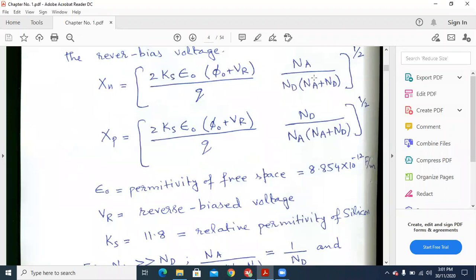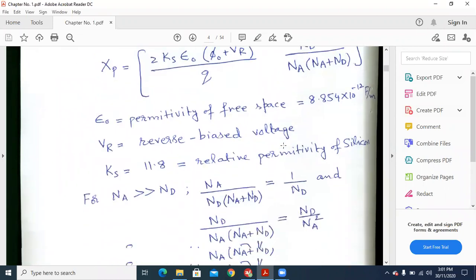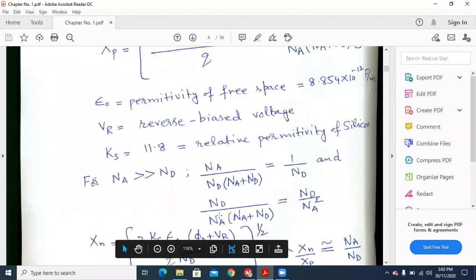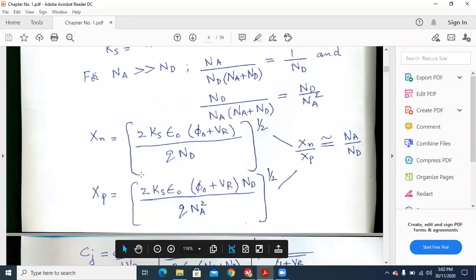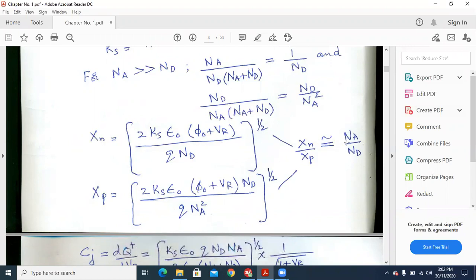We can simplify this relationship if we take the value of Na much larger than Nd. So this term is approximately Na, and this is approximately 1 over Nd, and this is Nd, and this is approximated as Na, so this is Nd by Na squared. We have the approximated relationship for the depletion width, and when we take the ratio of these two regions, Xn over Xp, we will have Na by Nd.